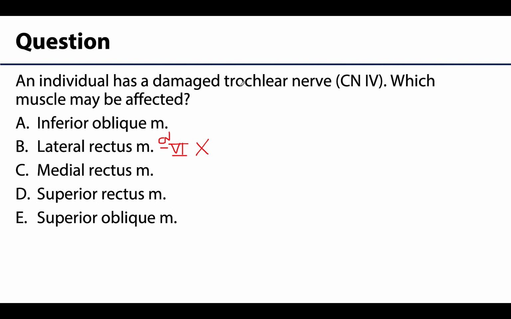And the trochlear nerve is that other exception, and it is going to innervate the superior oblique. So that is what this question is asking here. So if you have a damaged trochlear nerve, then the superior oblique may be affected. These other muscles, superior rectus, medial rectus, and inferior oblique, will be innervated by the oculomotor nerve or cranial nerve 3. All right. So that was a lot of fun.